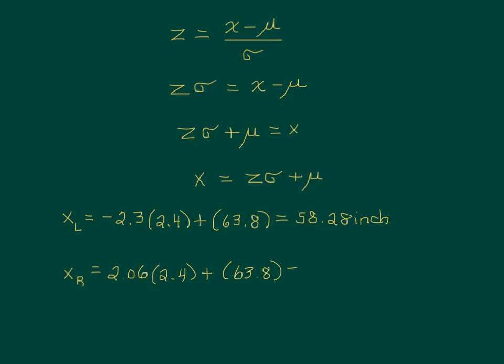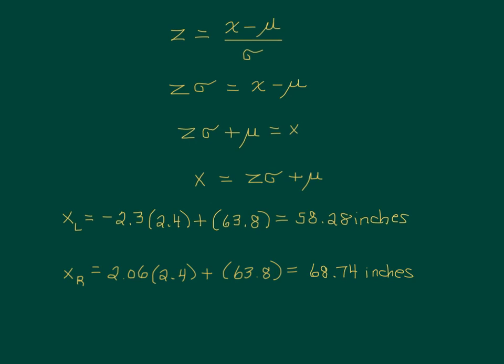And let's get our calculator out and calculate this. And we get 68.744, but we'll say 68.74 inches. So these are both inches. So our heights for this new requirement height for the military would be anyone between 58.28 inches and 68.74 inches.